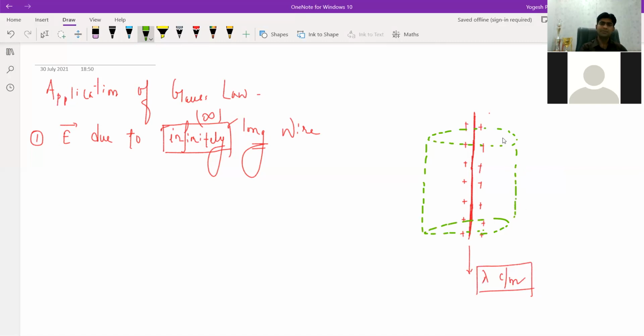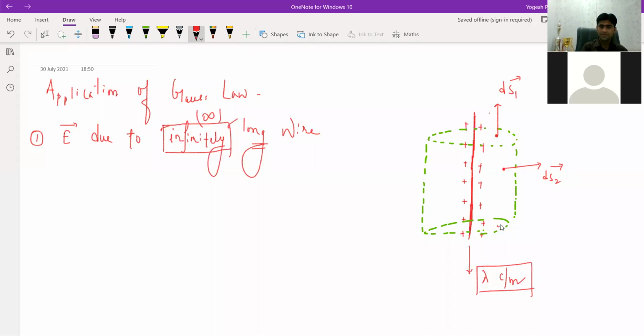Now in this cylinder, how many surfaces are there? Three surfaces. Which ones? The upper surface, so we'll take this upper surface vector to be ds1 vector. Then this curved surface, where again the area vector will be at 90 degrees, we'll take ds2.